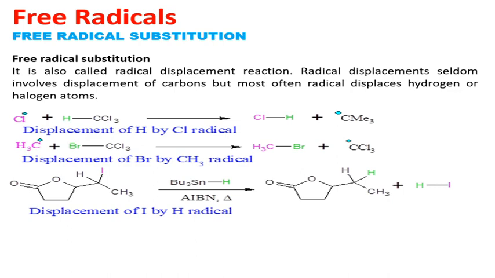If you look at the reaction, iodine is displaced by hydrogen radical. Radical displacement seldom involves displacement of carbon, but mostly hydrogen or halogen atoms are displaced by the radicals.